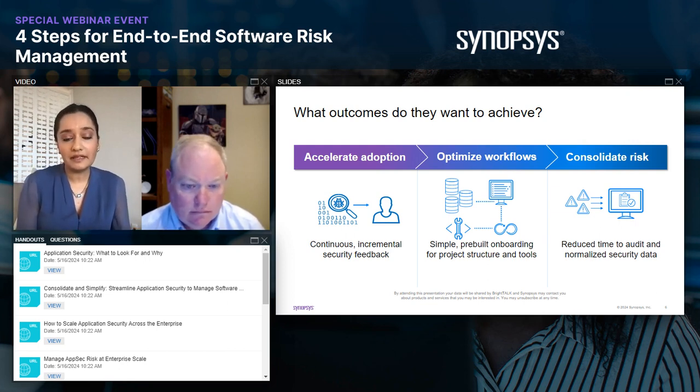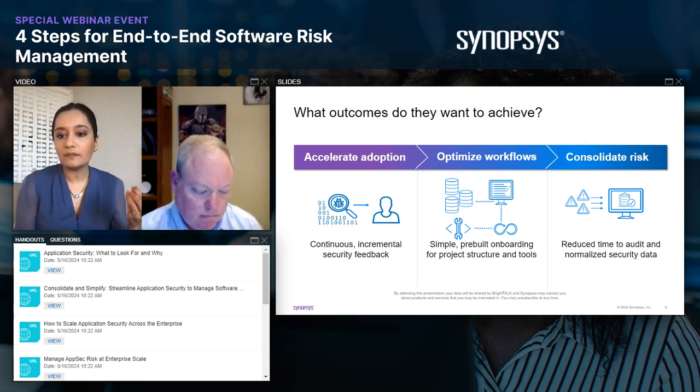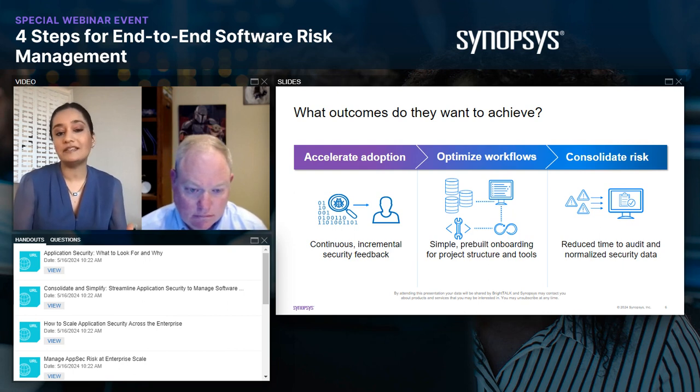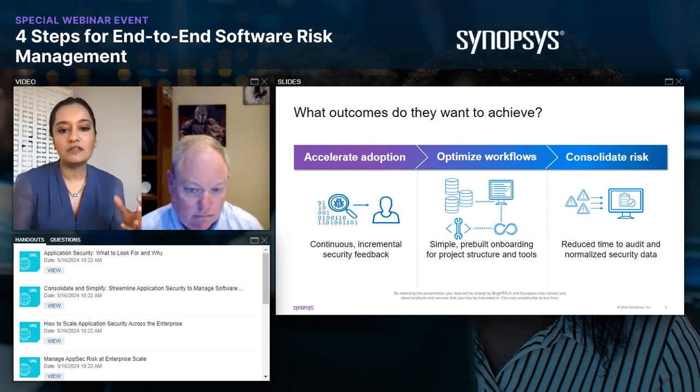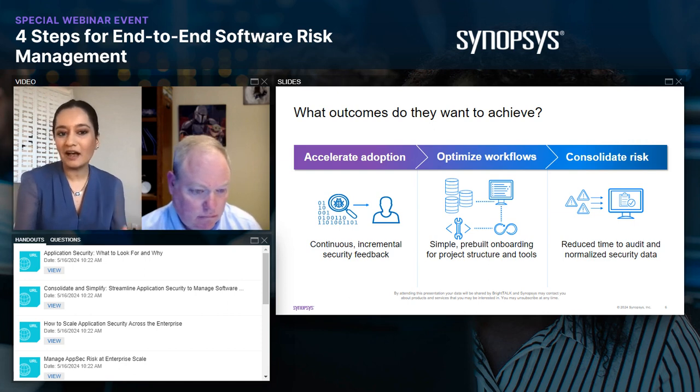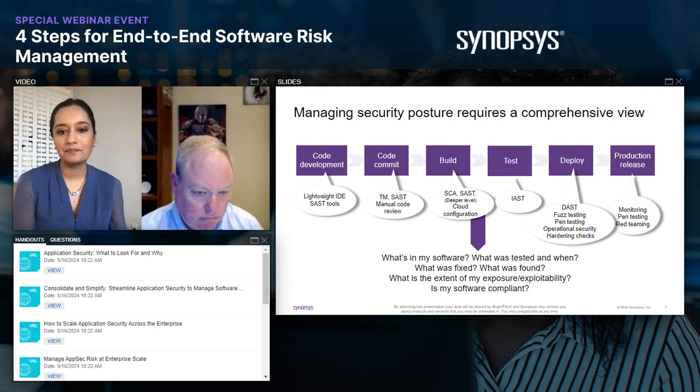And really what it means is being able to effectively audit your software and to normalize what you're seeing of all of the security data you're collecting at every single stage of the SDLC. And all of the tooling is consolidated into one place when it comes to the data and the rich set of data points that you're producing to get the footprint of your risk.